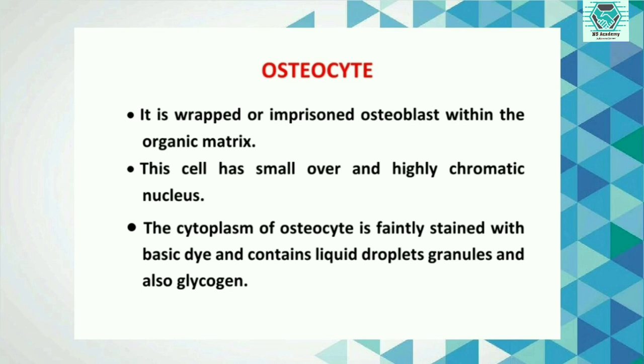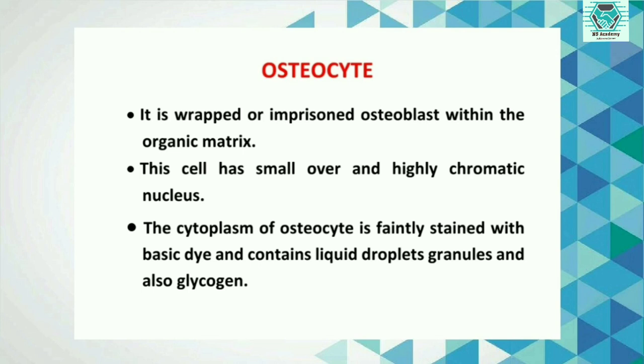This cell has a small, ovoid, highly chromatic nucleus. The cytoplasm of osteocyte is faintly stained with basic dye, and they contain lipid droplets, granules, and also glycogen. The osteocyte has no active synthesizing properties.